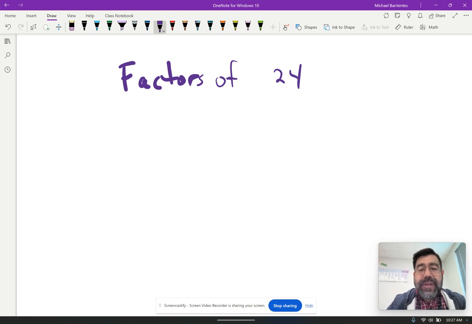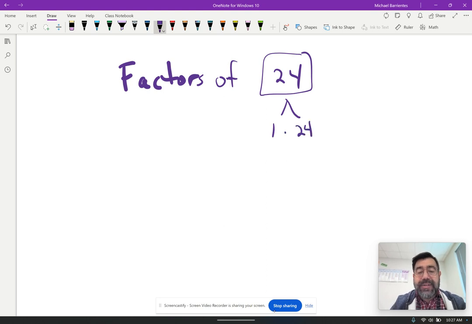Well, factors of 24 are the terms that when you multiply give you 24. So factors are the things that you multiply to get that object that you're starting with. I'm starting with 24. So what times what gives me 24? Well, 1 times 24, those are factors. Or 2 times 12, those are factors. Or 3 times 8, those are factors. So we call these factors because they multiply to give me something.